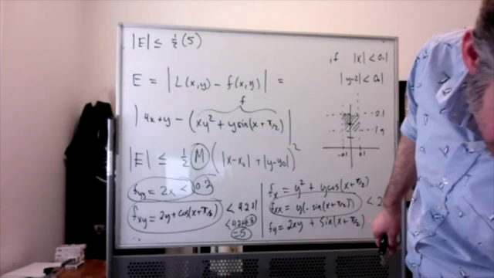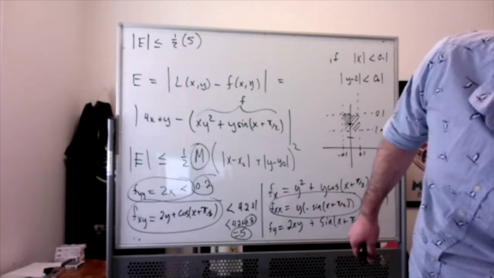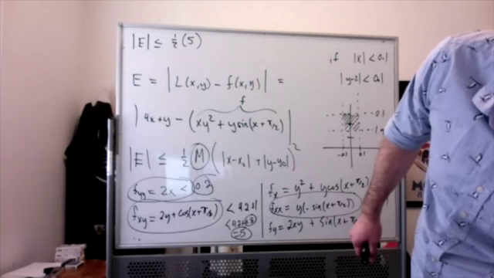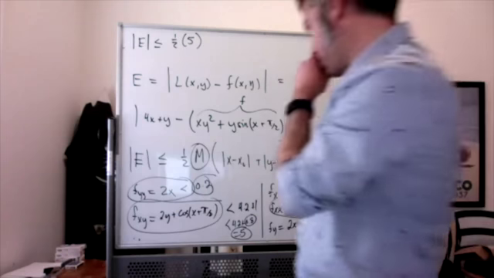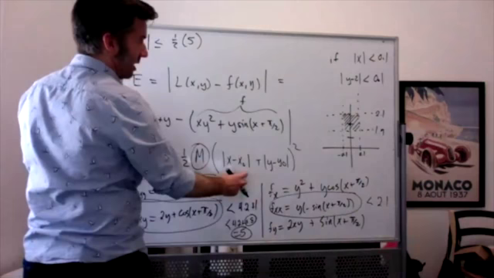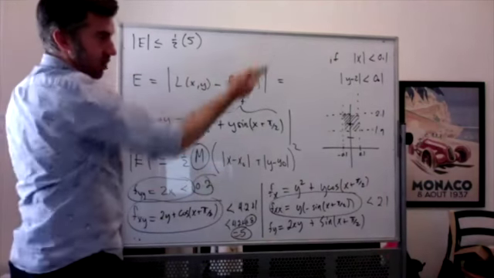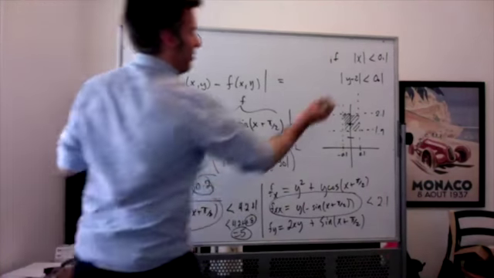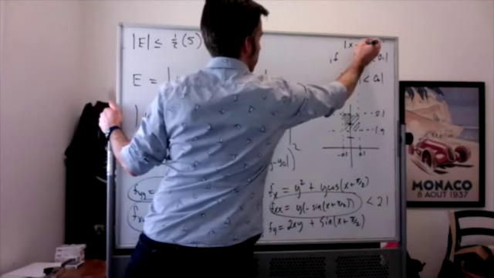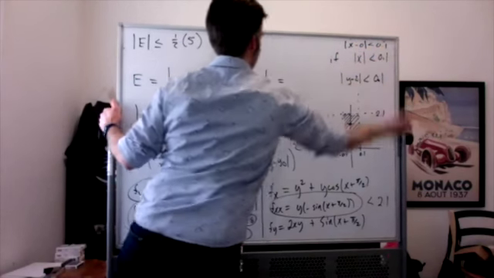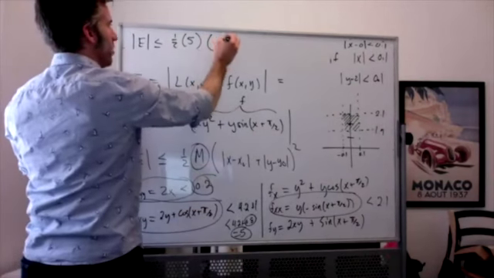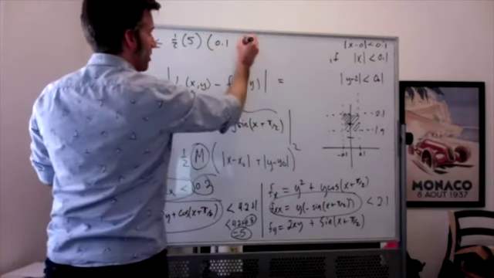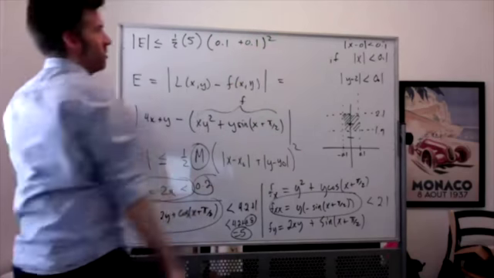Oh, I guess it's just in terms of x and y. Oh, no, I see. Okay. Yeah. So, right, x minus x naught is less than 0.1, right? That's what we're given. Right, because this is our x minus 0 is less than 0.1. So this is going to be 0.1 plus another 0.1 squared.